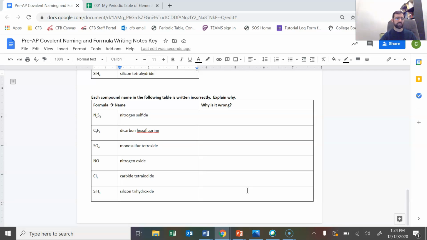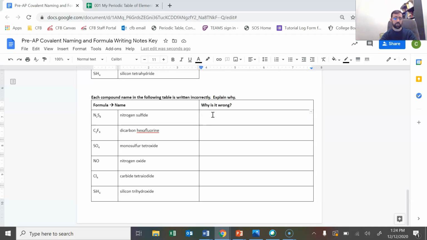And this is just, all of these are mistakes. Every one of these is a mistake, but I want you to catch the mistake. So please try to pause the video and figure it out for yourself, and then listen to the explanation. So this first one, 2 nitrogens, 8 sulfurs, sorry, N2 into S8, we called that nitrogen sulfide. Why is this wrong? Well, I hope you identified it.